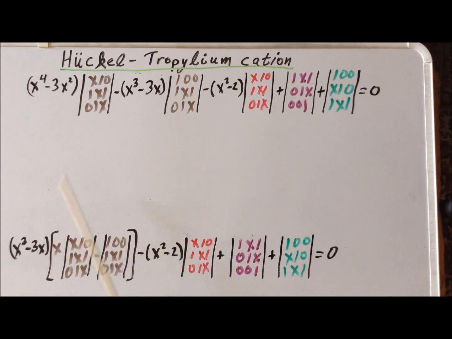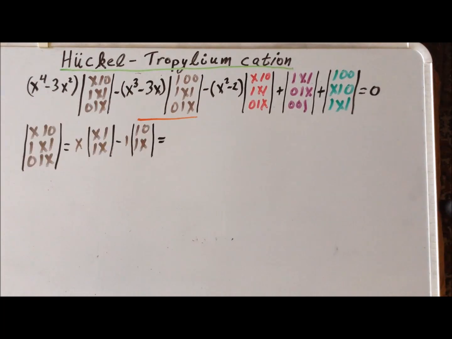Below here, we are going to evaluate each of these 3 by 3 determinants so that we can convert them to some polynomial expression. For the first brown 3 by 3 determinant, we expand going down the first column. So our first coefficient is x, our second coefficient is minus 1, and we have these remaining 2 by 2 determinants.